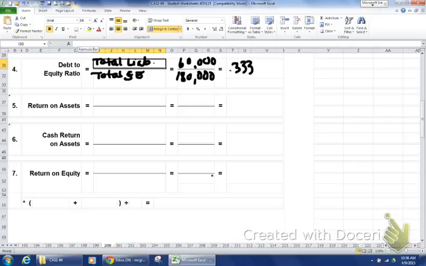Okay, so that basically means that 33% of liabilities are used for every dollar of equity for this particular company.